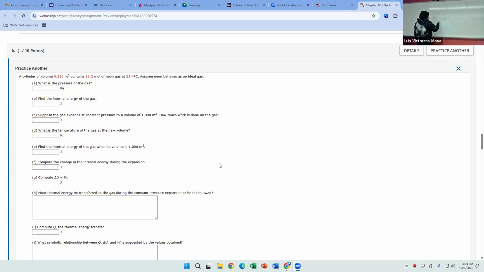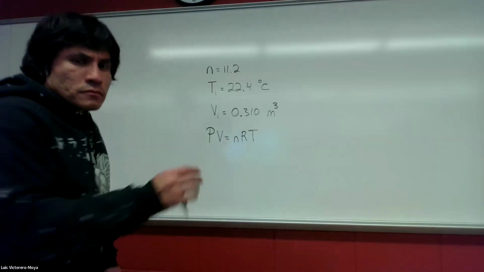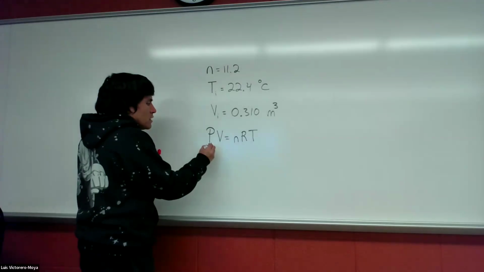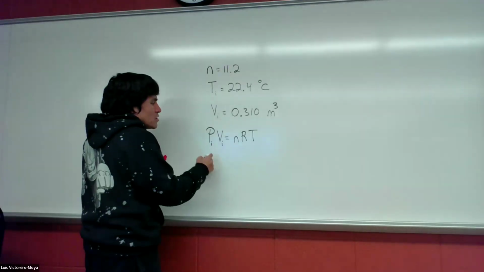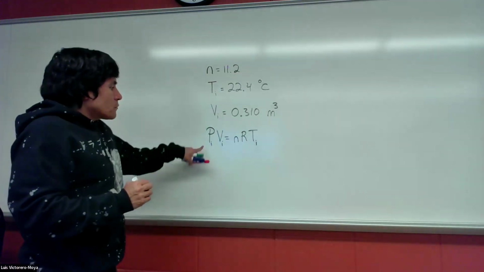So PV equals nRT. Now that will be the initial pressure. Right, so you have it there. P initial, volume initial equals nR, initial temperature.